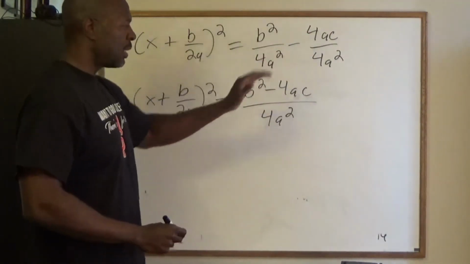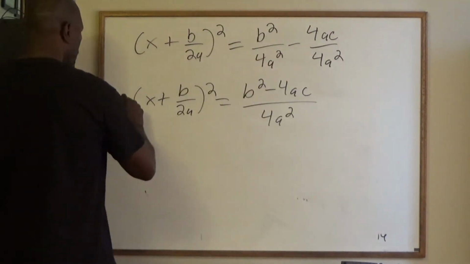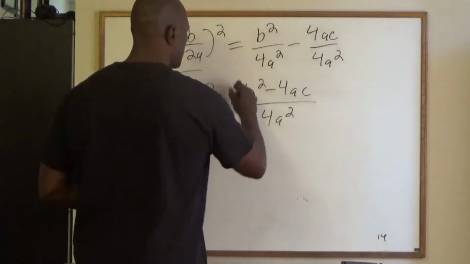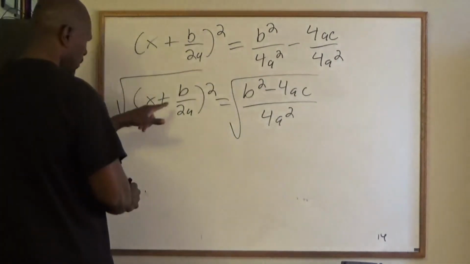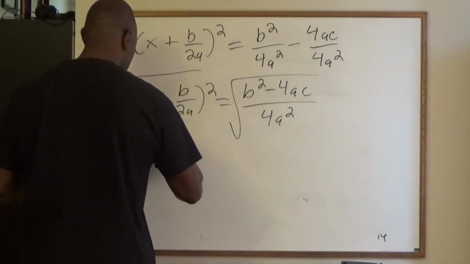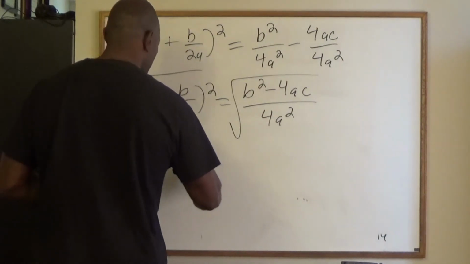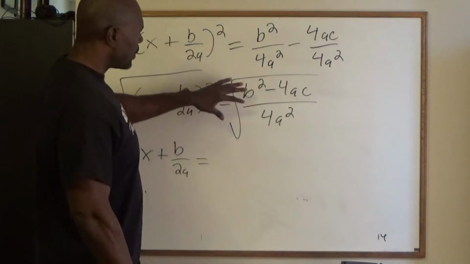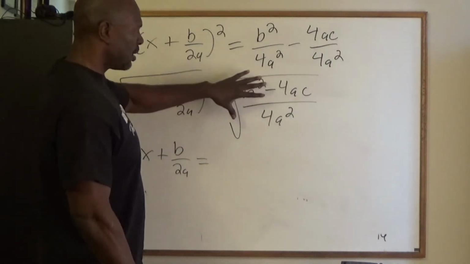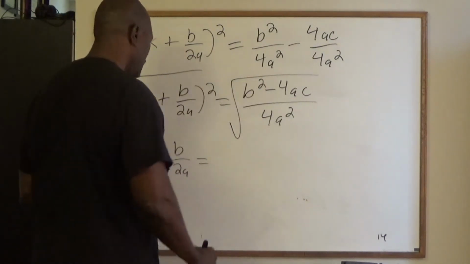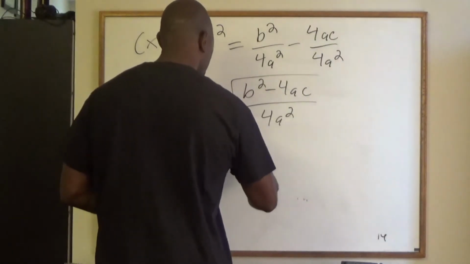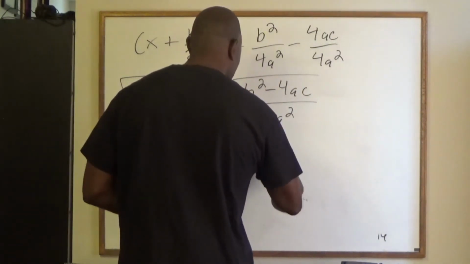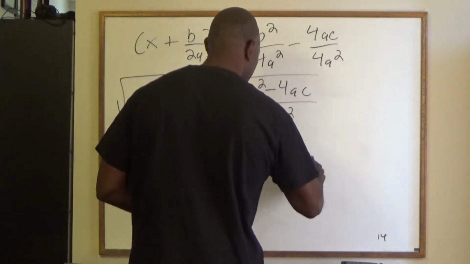They have common denominators. Now I'll take the square root of both sides. So the square root of this would just be x plus b over 2a. And the square root of this would be plus or minus. Now the numerator is not necessarily going to be a perfect square, so I'm going to leave it in the radical. So plus or minus the square root of b squared minus 4ac.